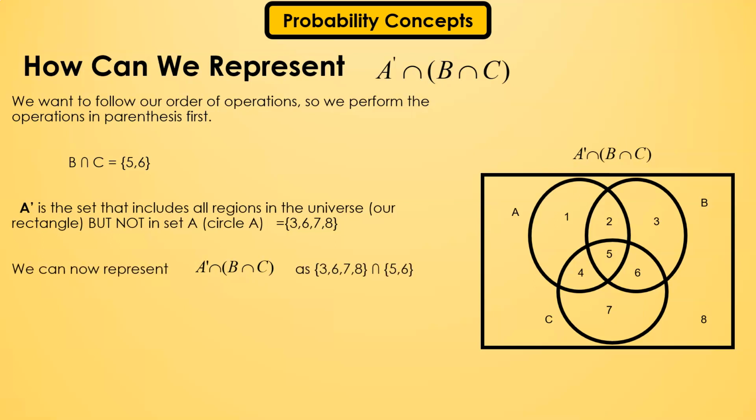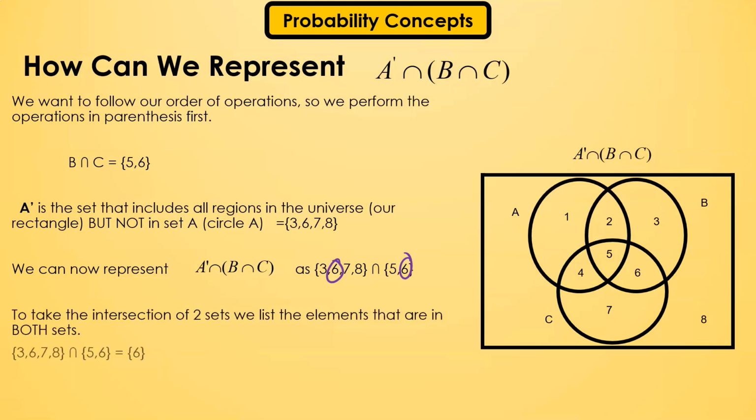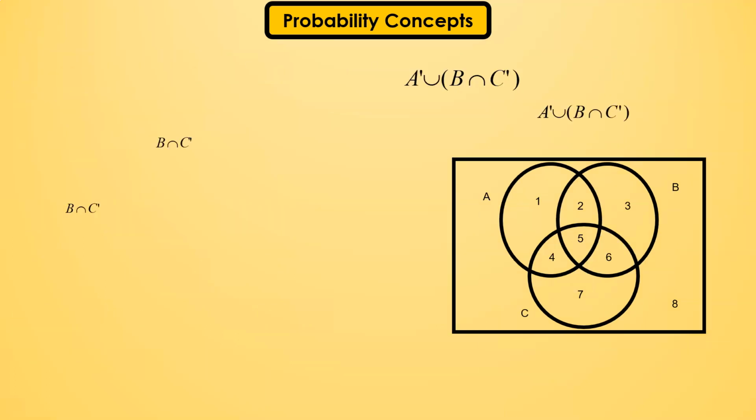And because it's an intersection, it's going to be the ones they have in common, which in this case is only 6 that is in both lists. If that was a union, you would have to include them all. So we shade this area to represent not A, intersection, B and C.